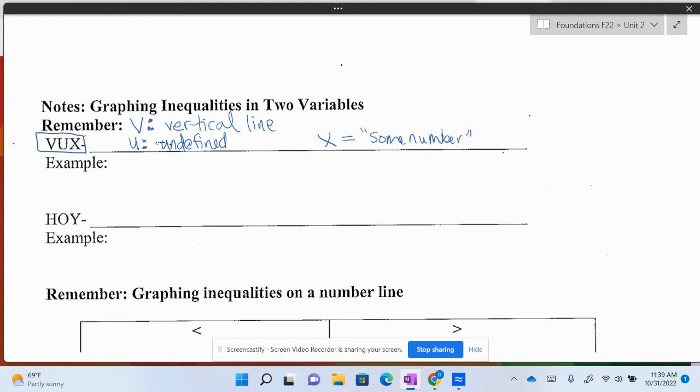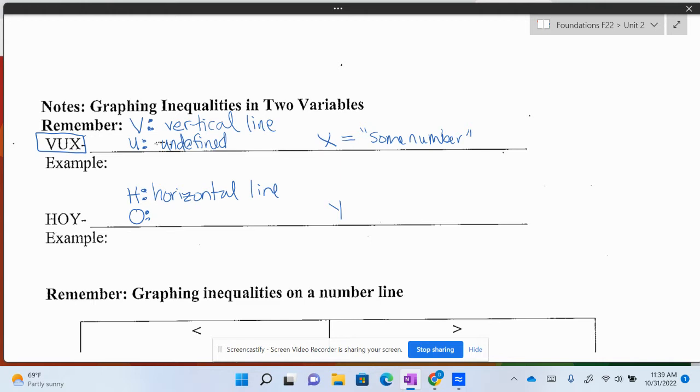We got that? Okay. The next one we have is HOI. So what kind of line are we talking about? What's the H represent? Horizontal. And that O is actually, what do we know about the slope?